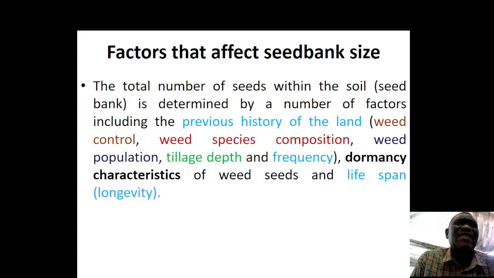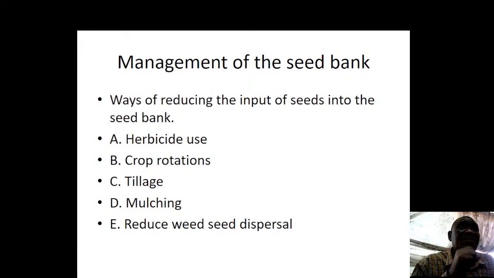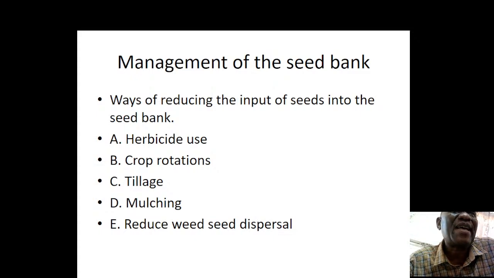The total number of seeds within the soil seed bank is determined by a number of factors which can include previous history of the land, that is weed control, weed species composition, weed population, tillage frequency, dormancy characteristics of weed seeds, and lifespan, longevity.